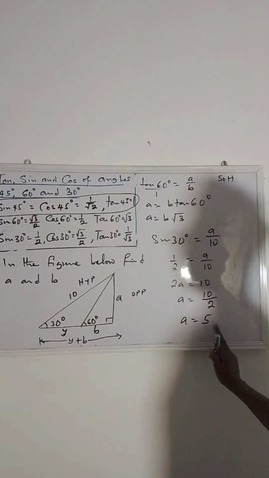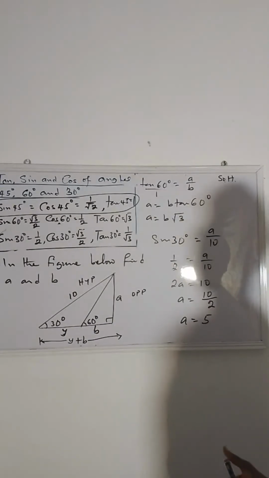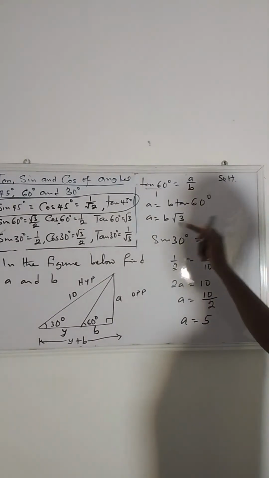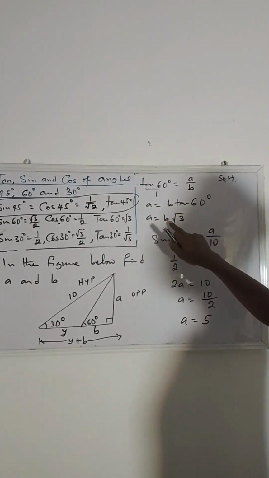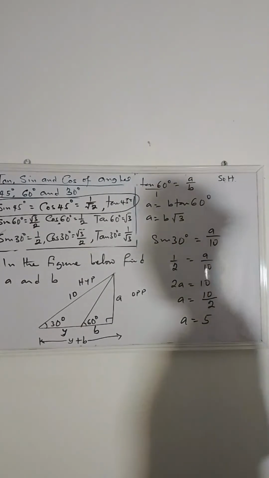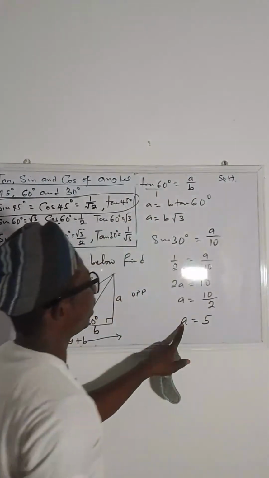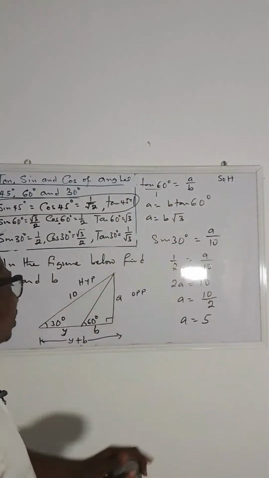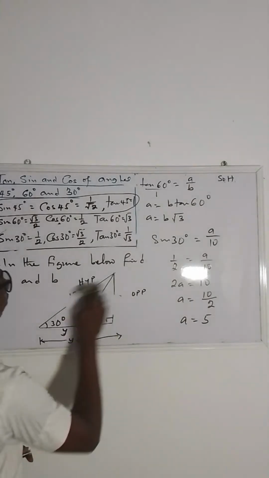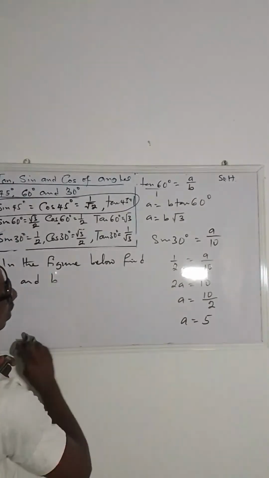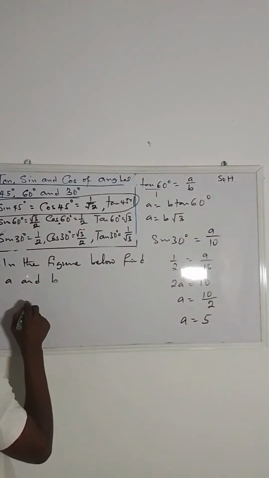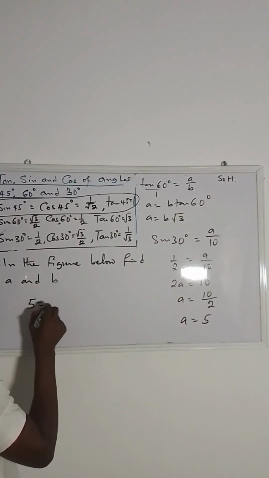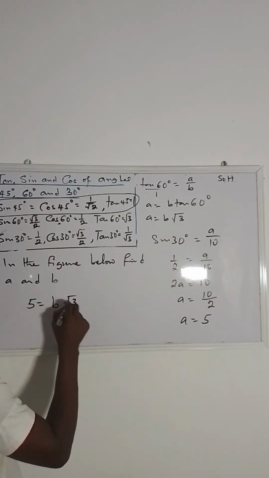Okay, so that's the first part. Now let us get the second part. Don't forget, A is the same thing as B square root of 3. So I'll just plug in the value of A into this equation. So you have 5 equals B square root of 3.